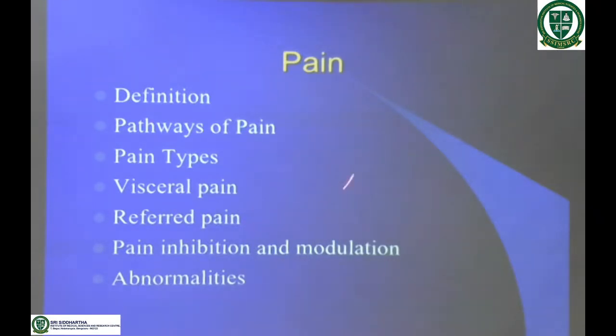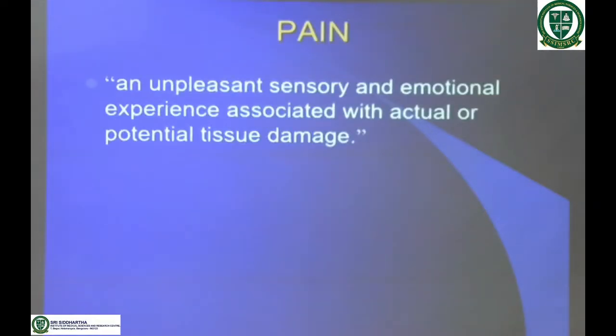So we'll read under this heading the definition of pain, pathways of pain, pain types, visceral pain, referred pain, pain inhibition and modulation, and abnormalities of pain. We'll see the first, the definition. How do you define pain?